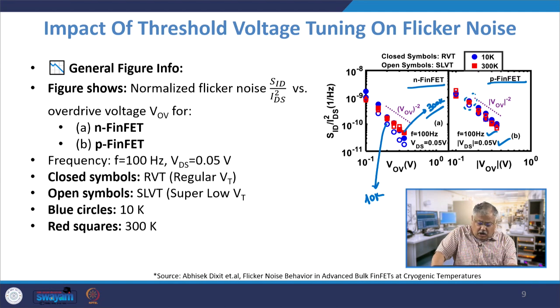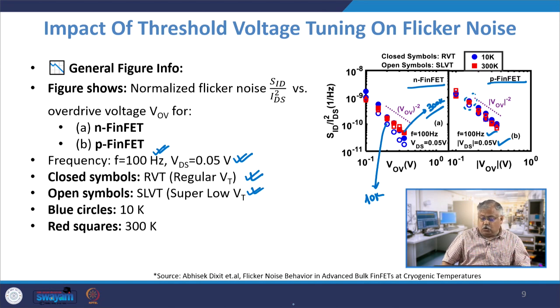What we have kept is 100 hertz, and we have kept the frequency basically low, and therefore, 1 by f noise is relatively larger, and we try to calculate at VDS equals 0.05 volts, and we have used two threshold voltages here, though not shown explicitly. The closed symbols are basically your regular VT, and SLVT is basically super low VT, which are open symbols.